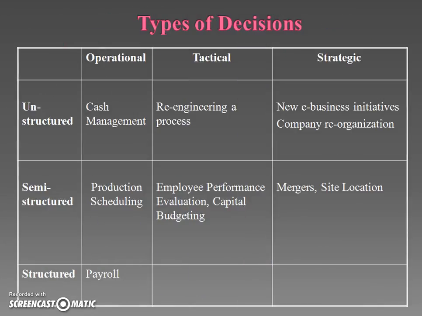Types of decisions being taken by DSS are basically unstructured, semi-structured, and even structured, and this supports all the levels in the organization like operational level, tactical level, and strategic level.